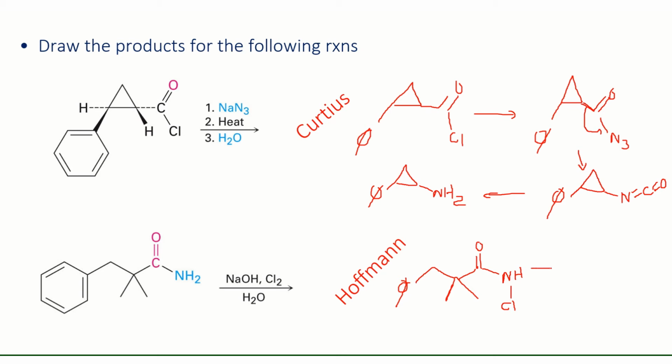And then from there, you can see that we would end up with our isocyanate, which you can see will give us our product. Ran out of space here, but I think maybe we can get it in. So we get that amine connected to a tertiary carbon.